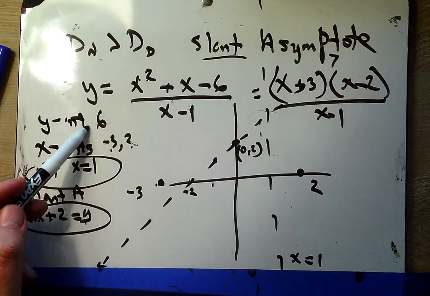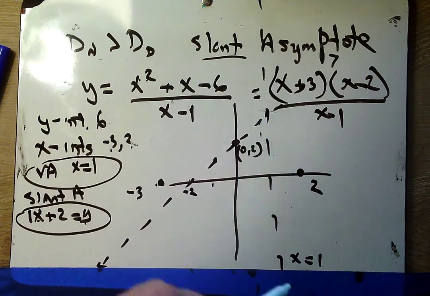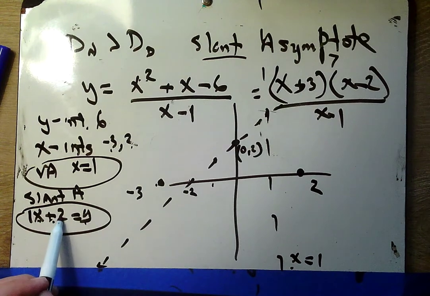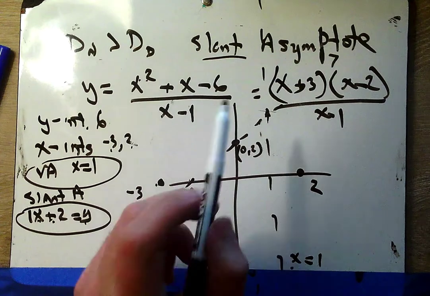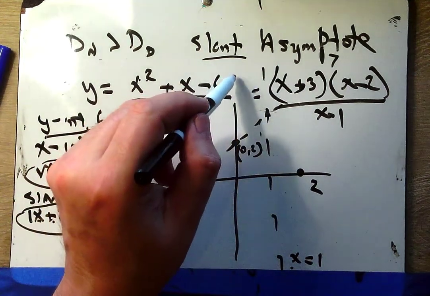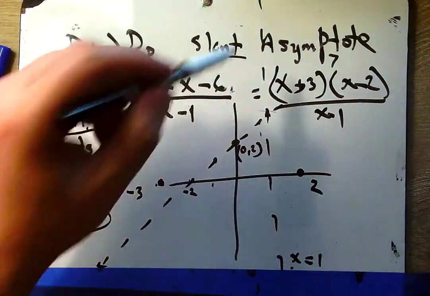Y-intercept at 6. Well, where's that point? That point is when x equals 1. 1 plus 2 is 3. So I know the y value here is 3. If I'm looking for a y-intercept to be 6, well, my y-intercept is going to be up here-ish.